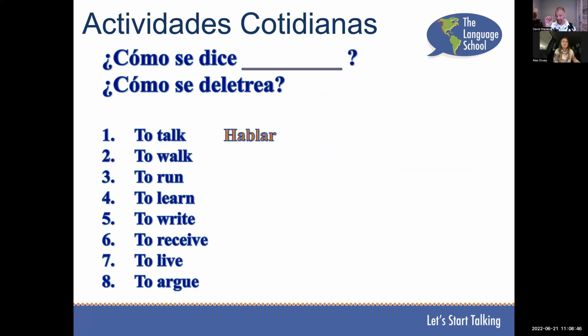Hablar, right? It's with the AR ending. ¿Cómo se dice to walk? Cocinar is to cook. To walk. It's for the CO.